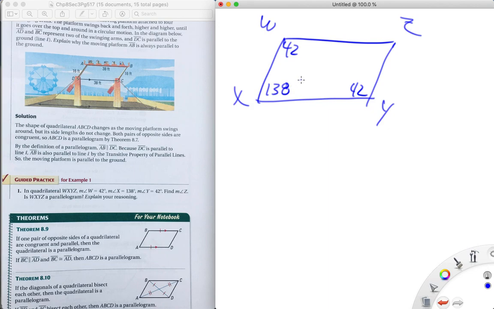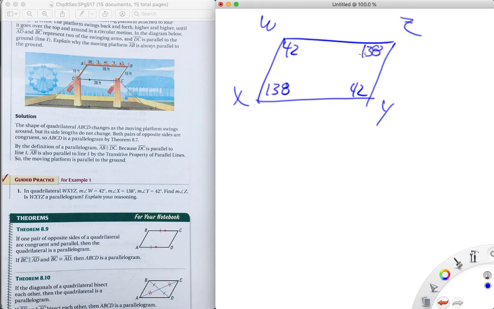Find Z. So here we have opposite angles that are congruent. So then this one has to be the opposite angle over here, so that could be 138.